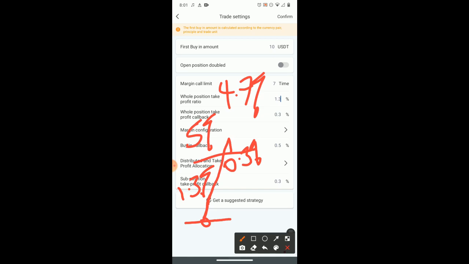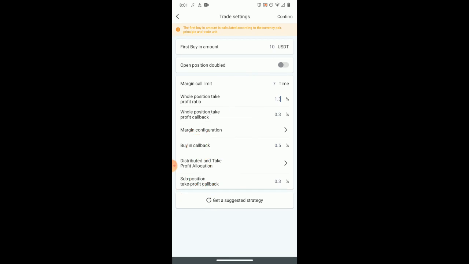They said, okay, once the trade has retraced, that's why they call it callback profit. Once it is already in profit, and the profit in question is above 1.3%, and it is now being retraced by 0.3%, the robot should stop your trade and keep the profit.